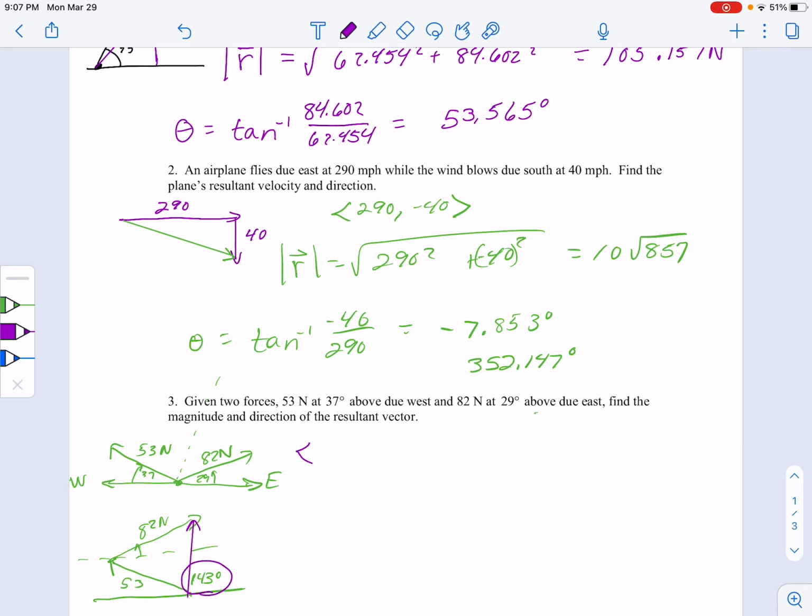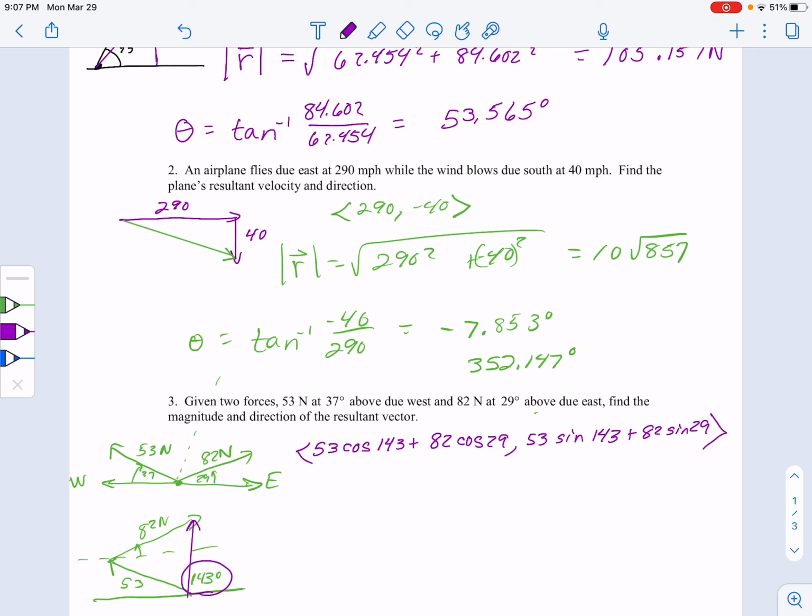So my components are 53 times the cosine of 143, not 37, plus 82 times the cosine of 29, 53 sine of 143 plus 82 sine of 29.